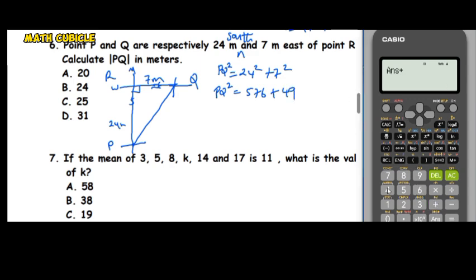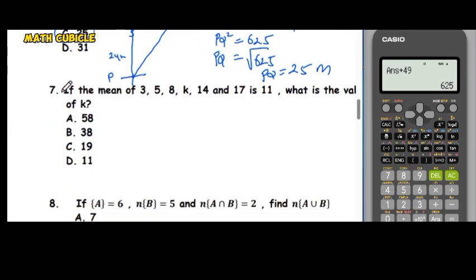So 576 plus 49 gives us 625. So PQ squared is equal to 625. So PQ is equal to square root of 625, that's 25 meters. That's option C.